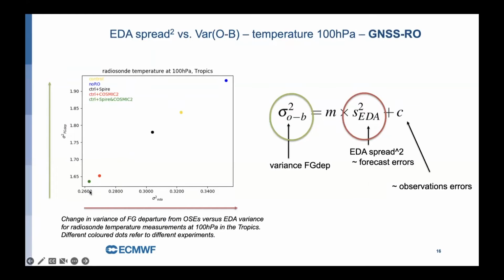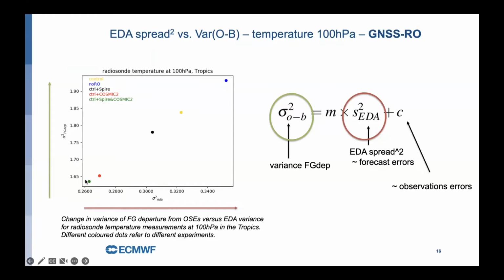First of all, you see for temperature here at 100 hectopascal in the tropics, the dots really align nicely, and you could run a linear regression through it and see it's a very nice linear relationship between them. But when you look a bit closer, you see the values in the EDA variance are much smaller than the values for the O minus B statistics.